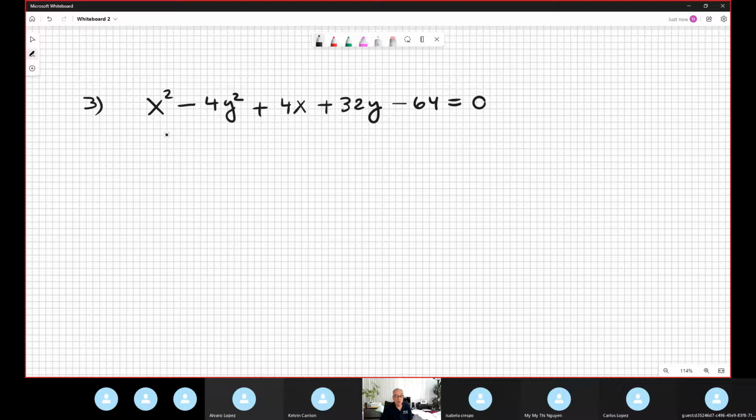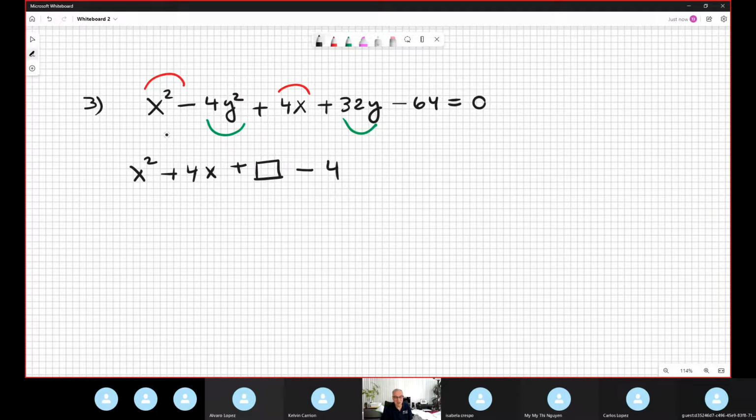Okay, now I need to convert to a standard form. Therefore, I can see clear this is x and this is x, and this is y and this is y. I group the x squared plus 4x plus box, that completes the square. In the y part, I put minus, so I see clear that 4 is a common factor. So I factor out minus 4.